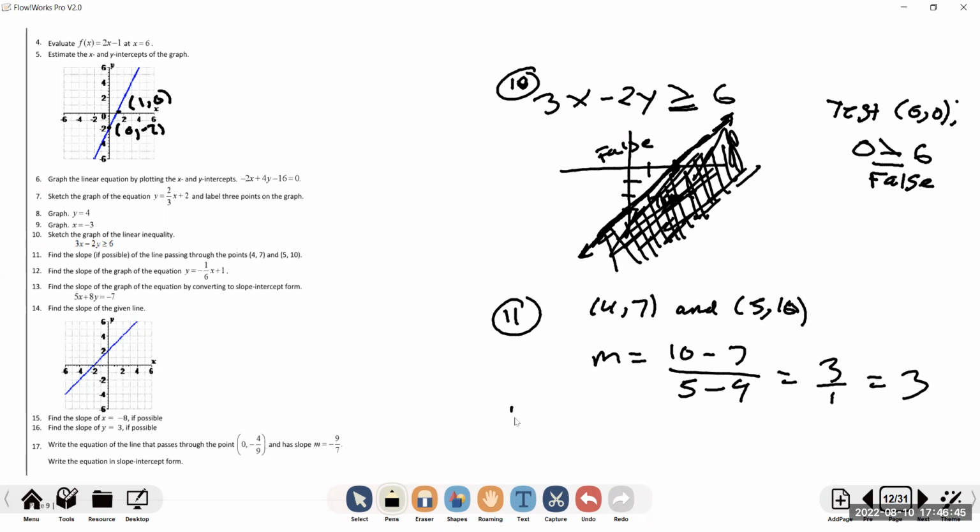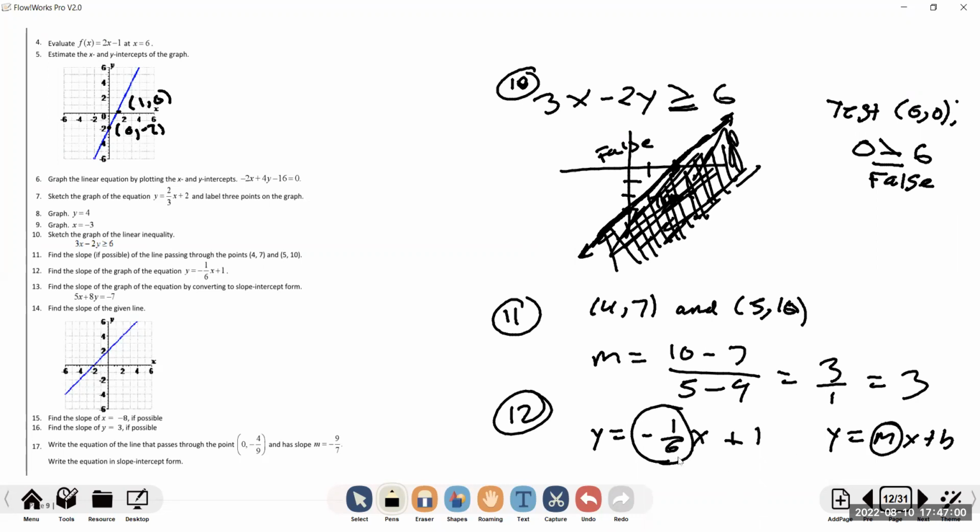Number 12 asks me to find the slope of negative 1/6 x plus 1. This is my slope because it's in y equals mx plus b form. M is my slope. So there it is. My slope is negative 1/6. All right, let's erase a little bit more.